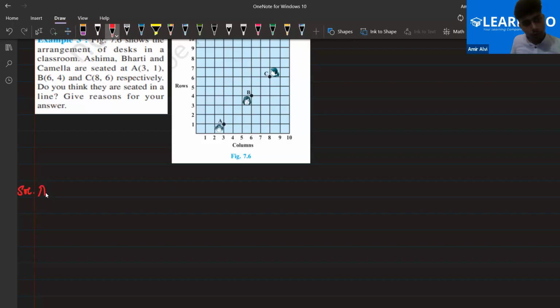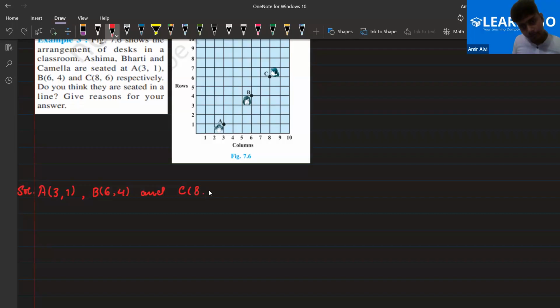Okay, so the value of A is 3, 1, and B is 6, 4, and the value of C is 8, 6.